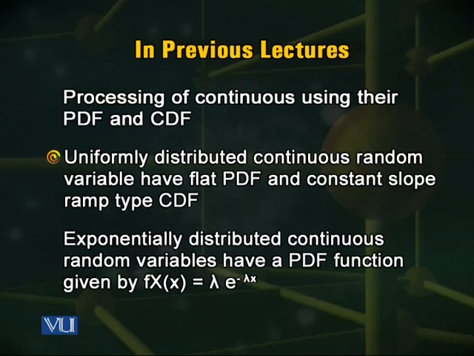The PDF as a function of x is equal to lambda times e raised to power minus lambda x. This random variable and the associated PDF defines a class of random variables, and members of this class are obtained by using different values of lambda.